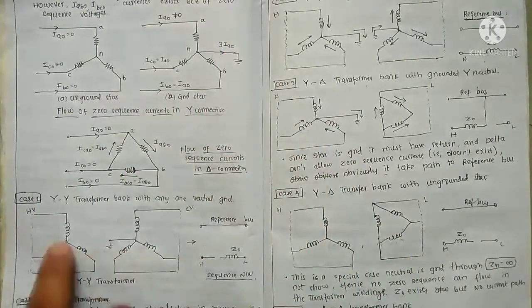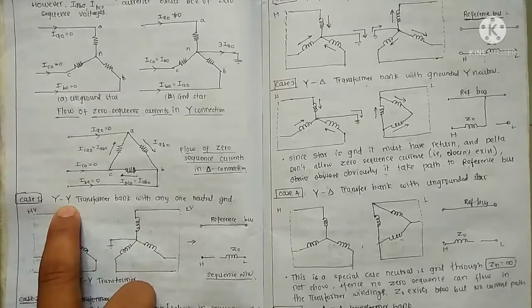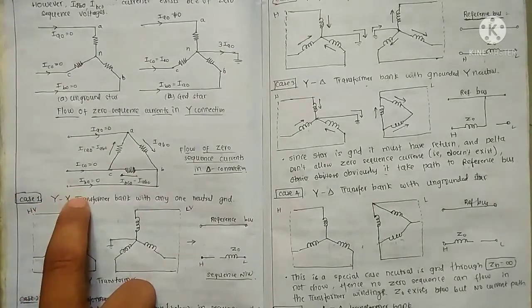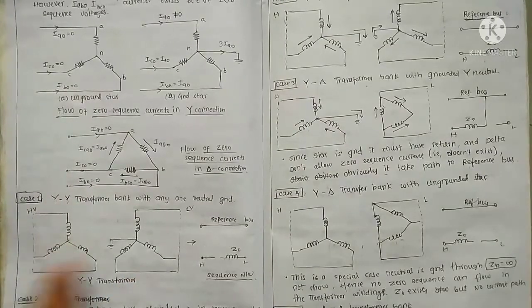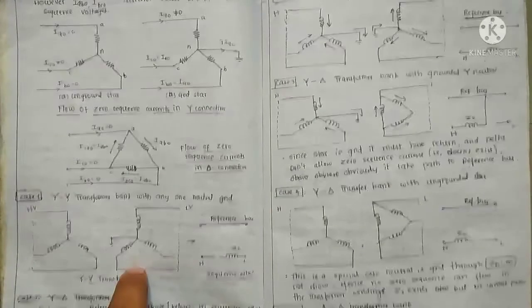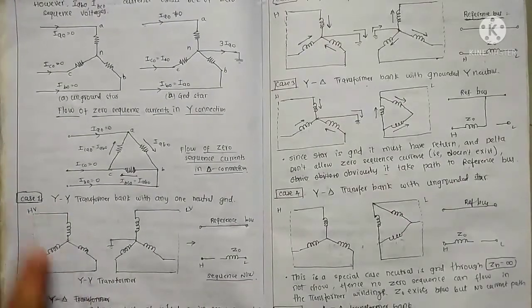From this knowledge, let us see. For a star there is no neutral connection, star only. For a neutral connection, it will be grounded like this, only for star. This is star, this is neutral grounded. This is primary, this is secondary.